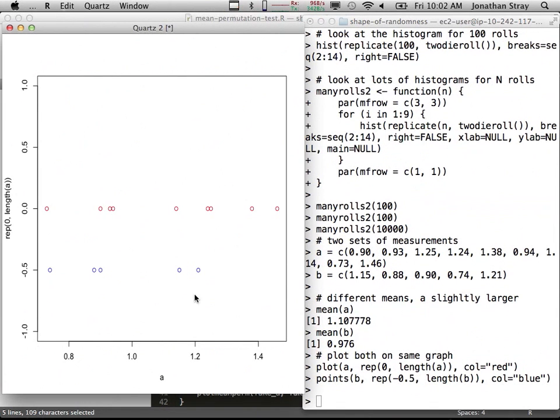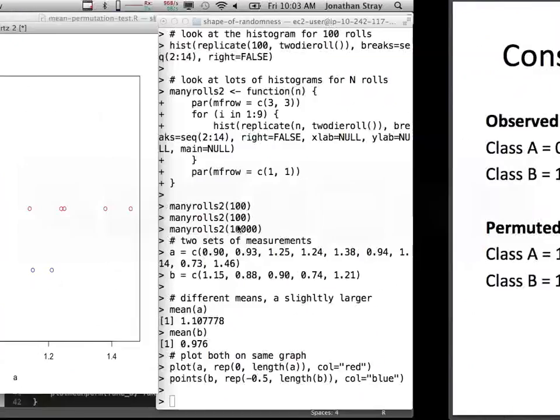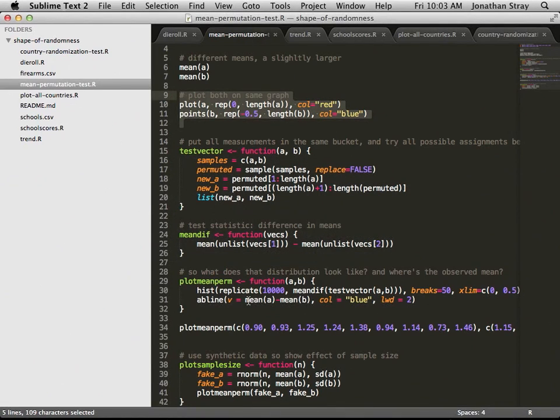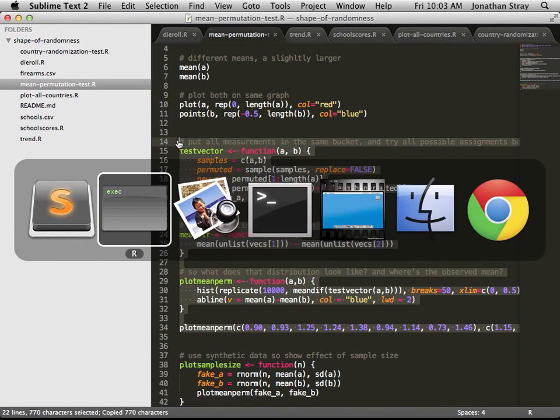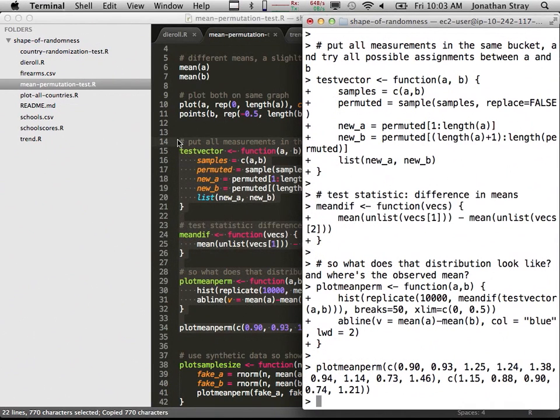This is the scores on one class, this is the scores on the other class. And it looks like the scores in the red class are kind of higher, but what are the odds that that happened by chance? And to answer that question, I'm going to scramble them all the different ways they can be scrambled and plot a histogram of the outcomes.